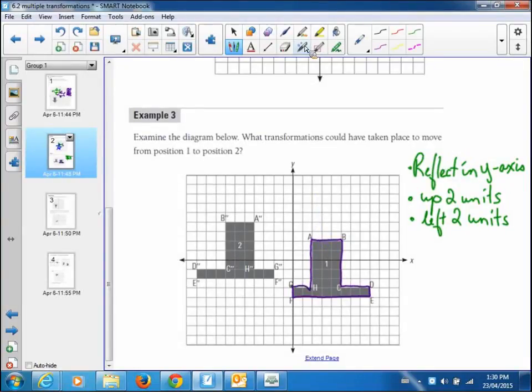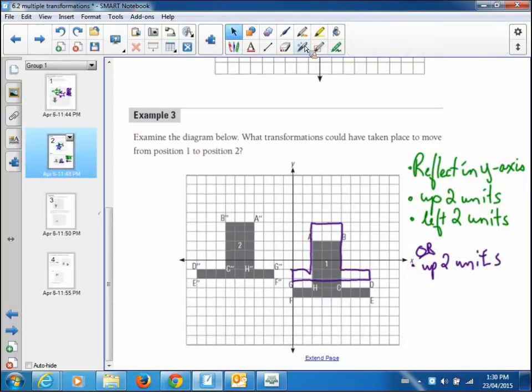So you could have said, how about going up 2 units first? You don't need more than one answer. Didn't say that, did it? So you could say up 2. Then to line it up as a perfect mirror image, to the right 2.